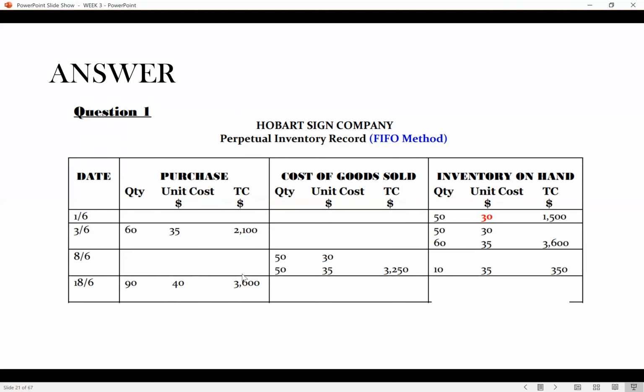Total cost, 3,600. After each transaction, what do we do? We update our inventory on hand. What did we have before? 10 at 35, bring that down. Then we now add what we just purchased, 90 at $40 each. That gives us together 350 and 3,600, which gives us $3,950.